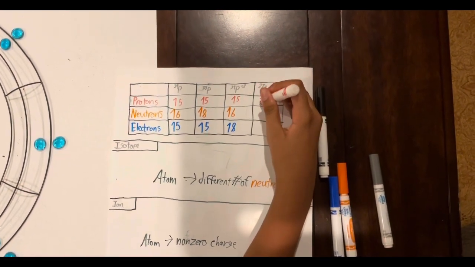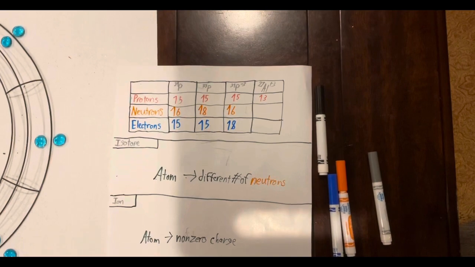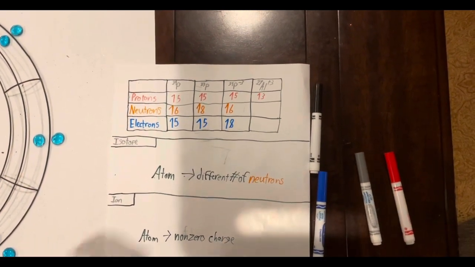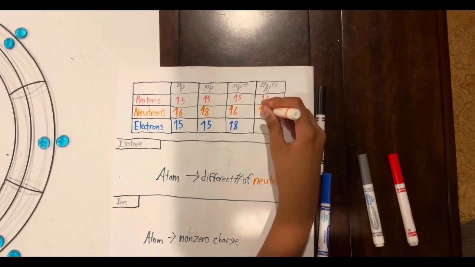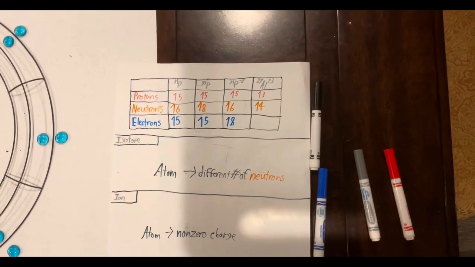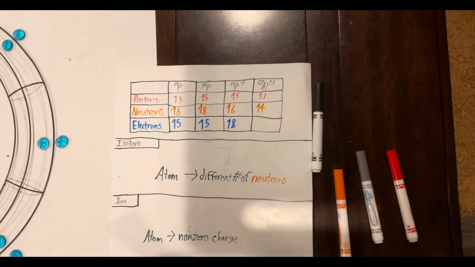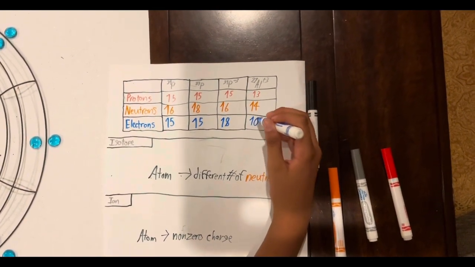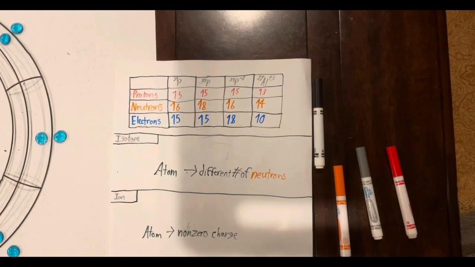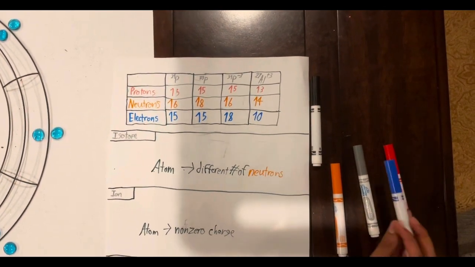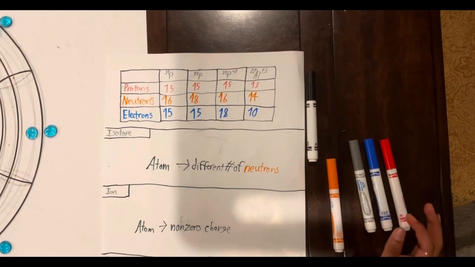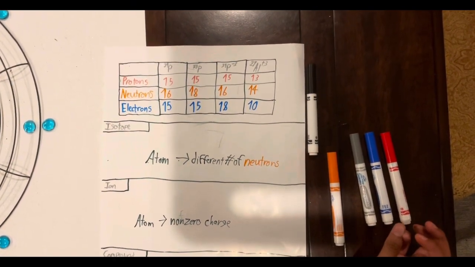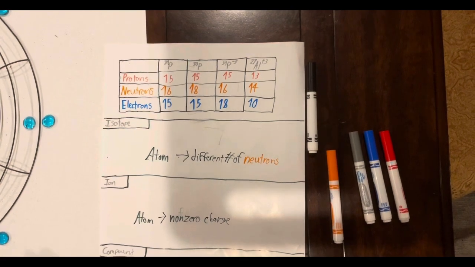So as you can see, 13 protons. 14 neutrons. And 10 electrons. And since there's more protons than electrons, it is positively charged, which means it's the opposite charge of the phosphorus ion, which is known as phosphide.